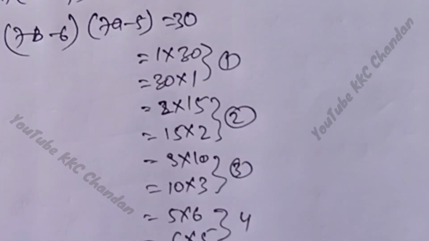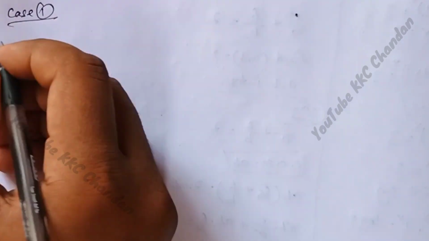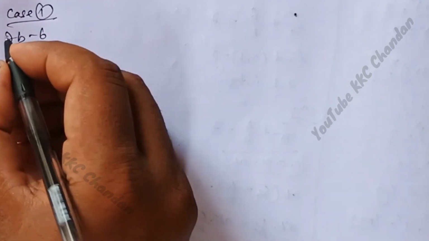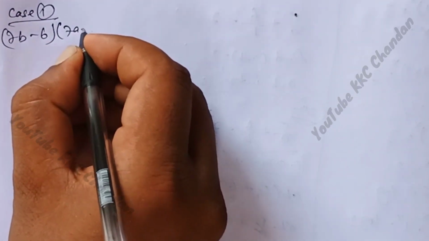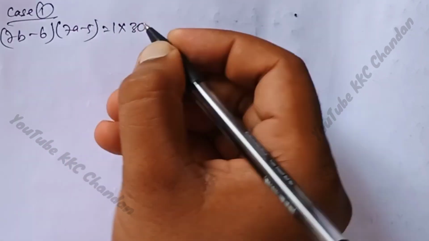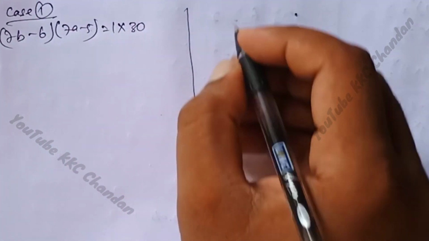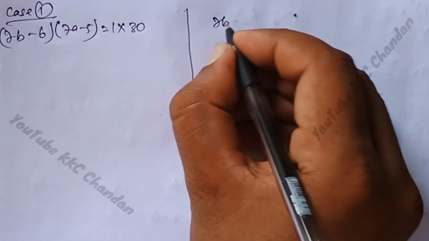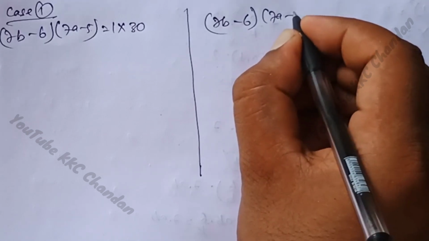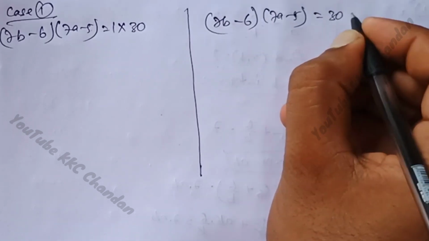Let's start to solve. Case 1. 7b minus 6 into 7a minus 5 is equal to 1 into 30. Second, 7b minus 6 into 7a minus 5 is equal to 30 into 1.